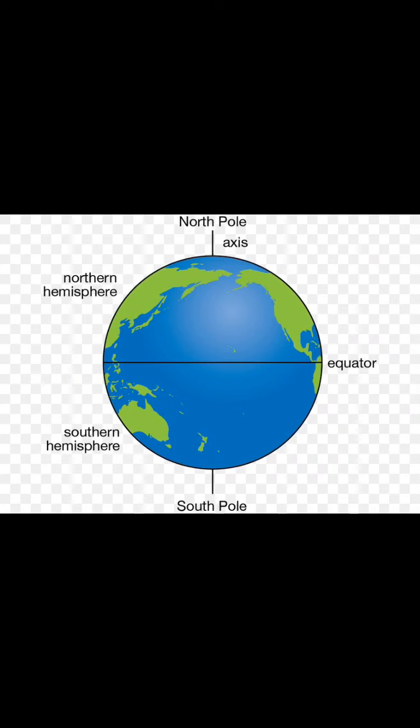Now see, there are 7 continents that we have to learn: Asia, Africa, North America, South America, Antarctica, Europe, and Australia. Each continent is divided into countries. Asia is the biggest continent and Australia is the smallest continent.